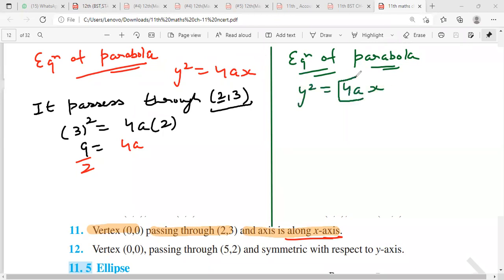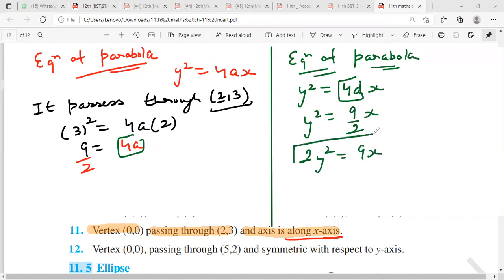In place of this 4a, we will put this value, that is 9/2. So y square is equal to 9/2 x. That is 2y square is equal to 9x. And this is the required equation of parabola. Okay. So this is the solution of question number 11.